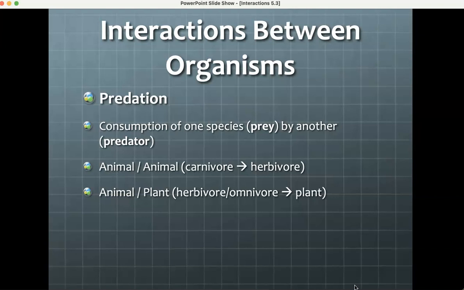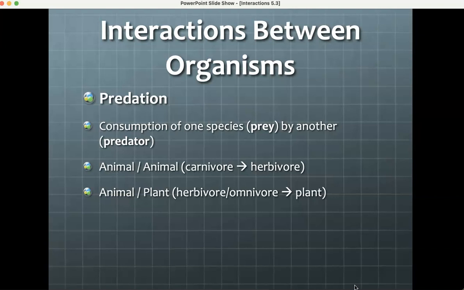Usually we see it animal to animal. Carnivore to herbivore. Sometimes carnivore to carnivore. But as a stereotype, we can say carnivore to herbivore. And, well, we don't really think about it. All right. Herbivore and omnivore, okay?